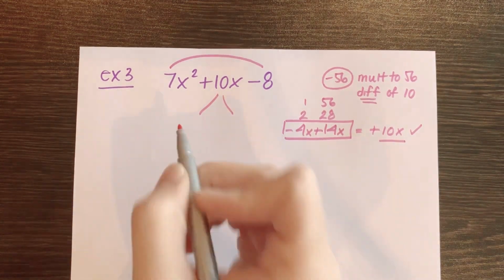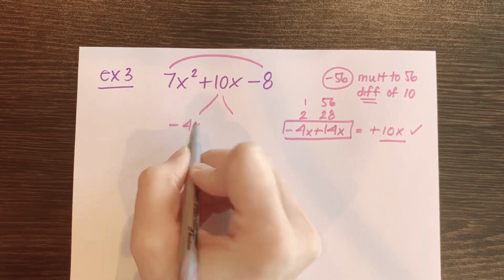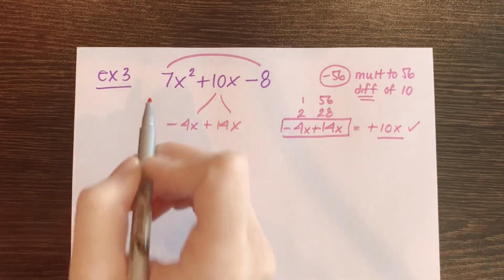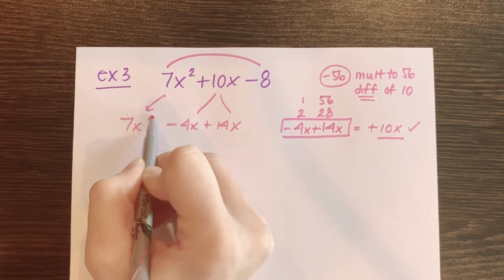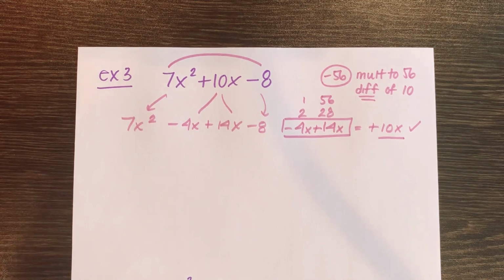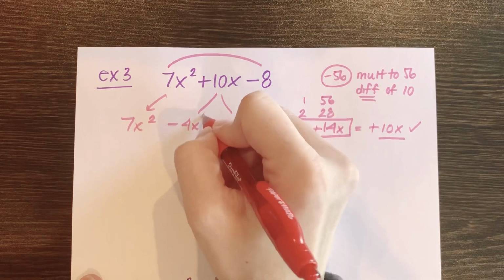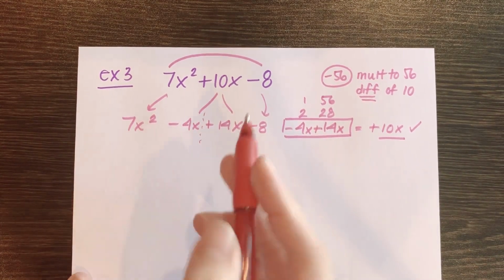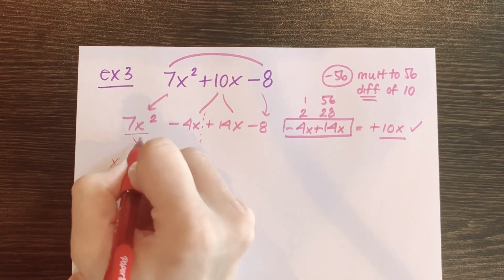So I'm replacing my positive 10, again, I don't care what order I write it in, with a negative 4x and a positive 14x. My 7x squared comes down unchanged, my minus 8 comes down unchanged, and I'm ready to factor by grouping 4 terms. Cut it in half. What do my first two terms have in common? Just an x.